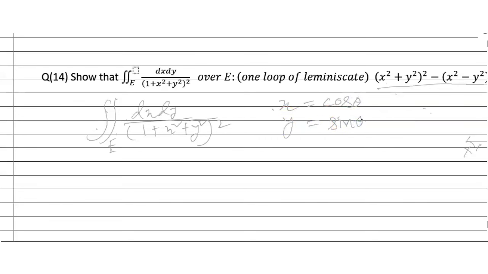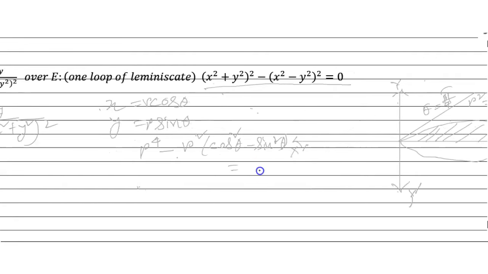I hope I can clear this concept. x is equal to r cos theta, and y is equal to r sin theta, and if I put in this value, then I get r to the power 4 minus r square into cos square theta minus sin square theta equals 0.